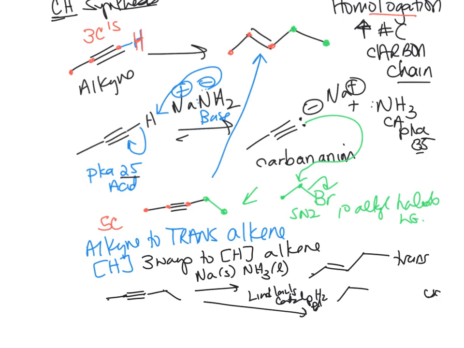So let's draw that. 1, 2, 3, 4, 5. And then if you just do regular hydrogen gas on palladium and carbon, you're going to get the alkane. 1, 2, 3, 4, 5. Because it can't stop. So those are 3 ways to reduce.